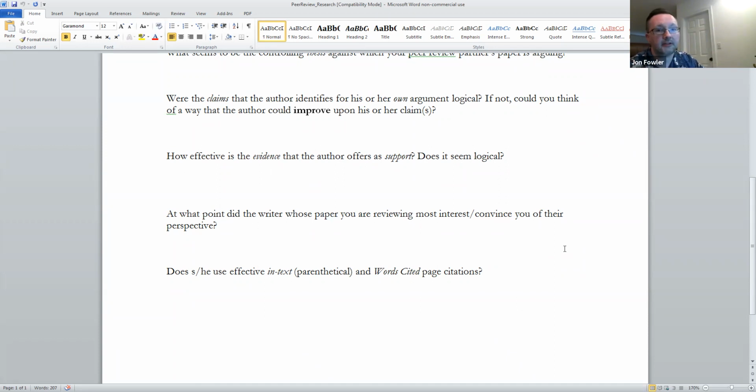Now, that doesn't mean that you have to agree with them wholeheartedly, but they should at least have offered some interesting evidence for you to mull over in your reading of their essay. And then, of course, lastly, does she or he use effective in-text, parenthetical, and works cited page citations, or reference page citations if they're using an APA style?